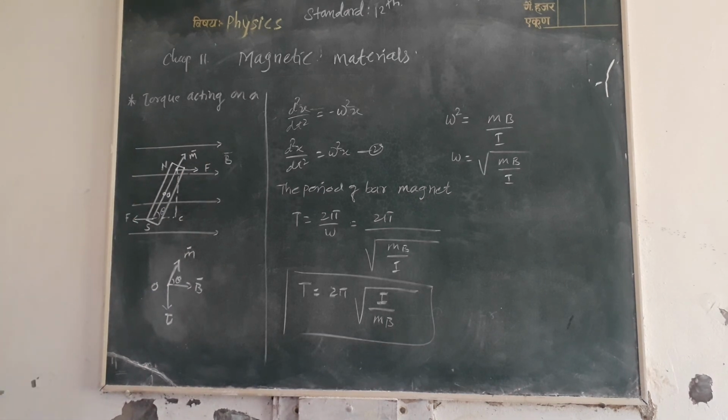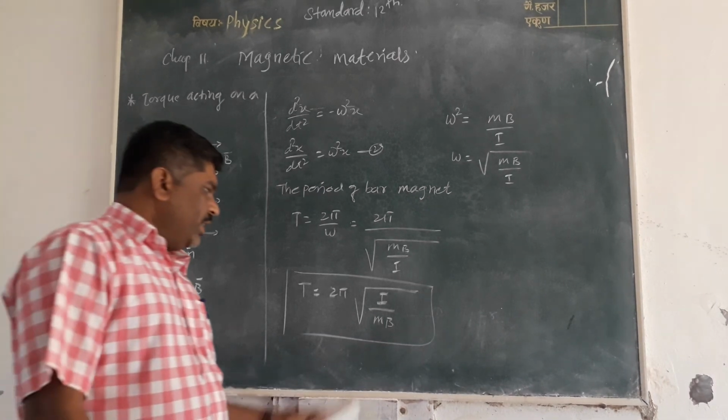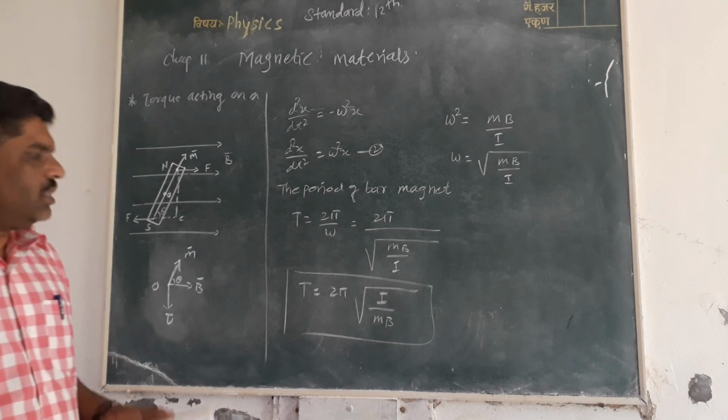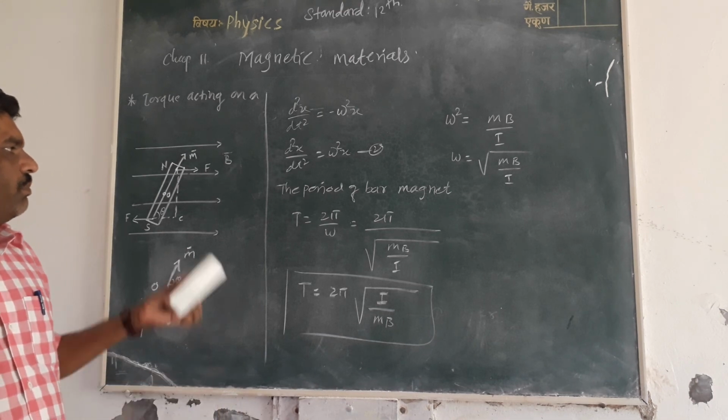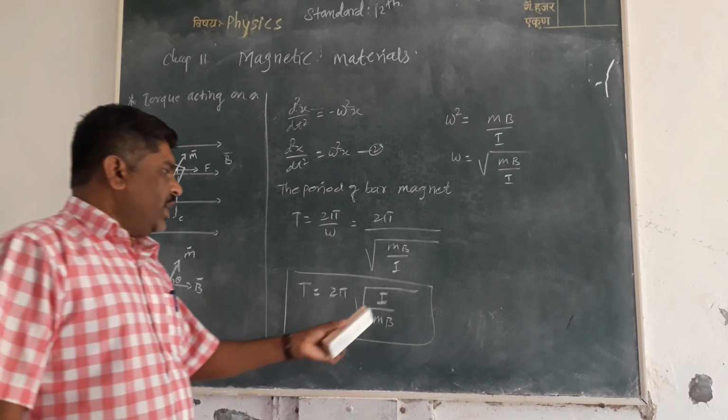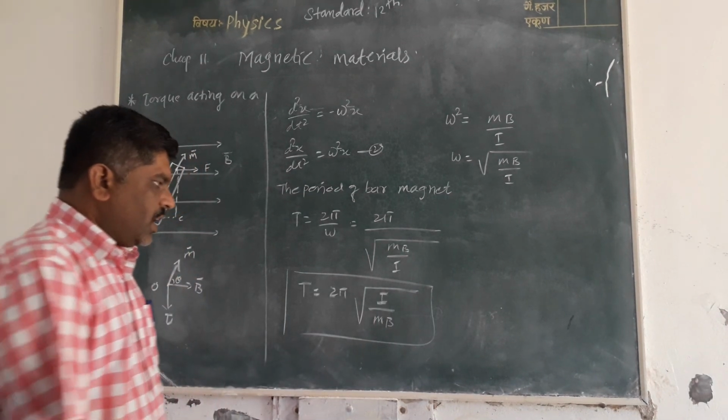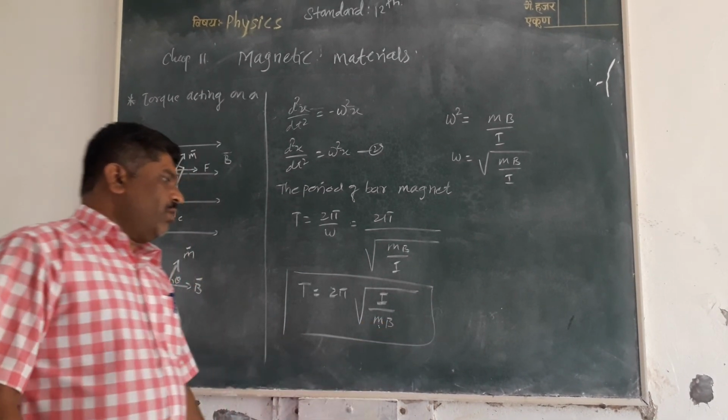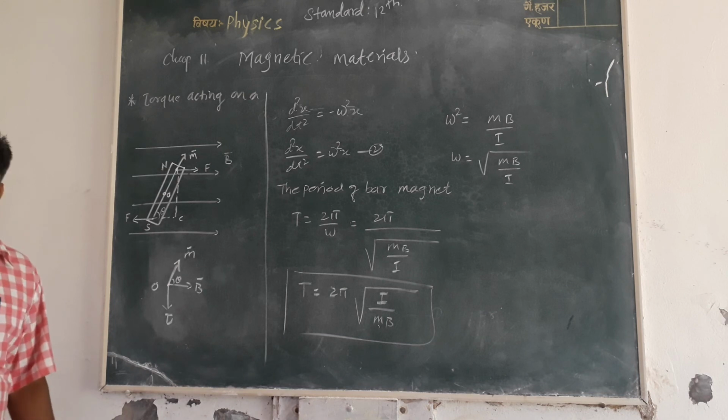This equation gives the period of the bar magnet, where I means moment of inertia, M means magnetic dipole moment, and B means magnetic field.